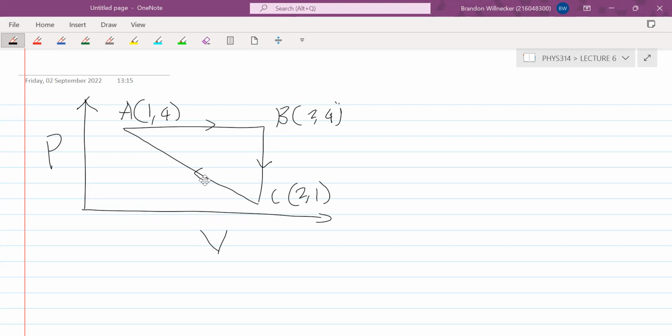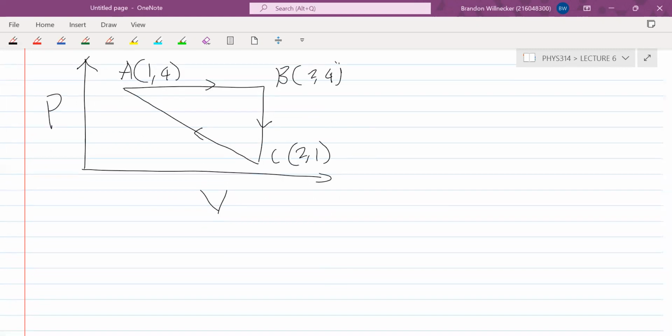The first thing we want to do is calculate the total heat added to the system. To do that, let's go along each of the sides of this triangle and see if heat is added or removed. If we look at the path AB, we can use the first law of thermodynamics to calculate the heat transferred.